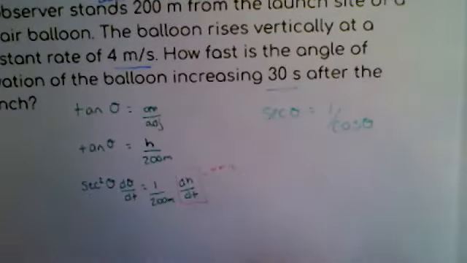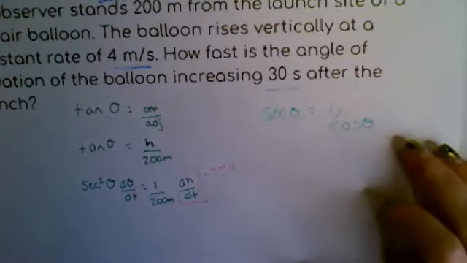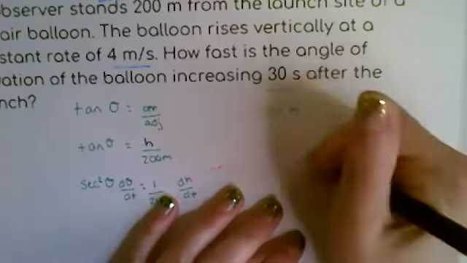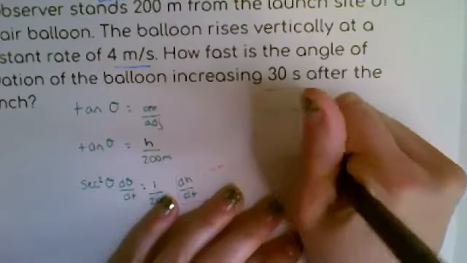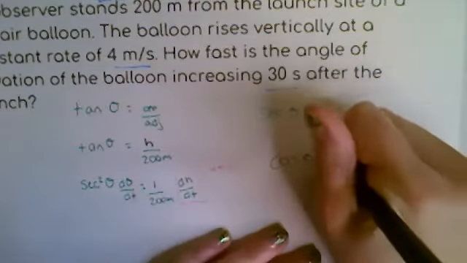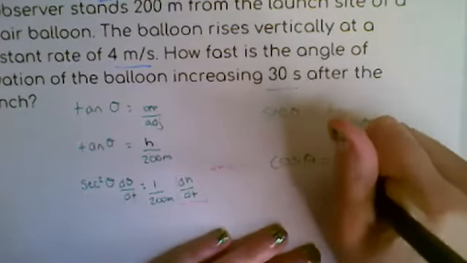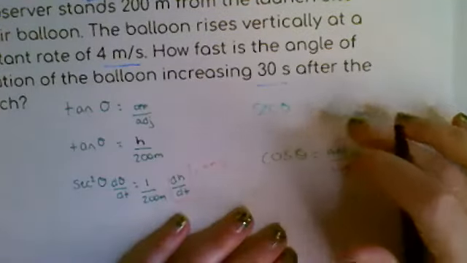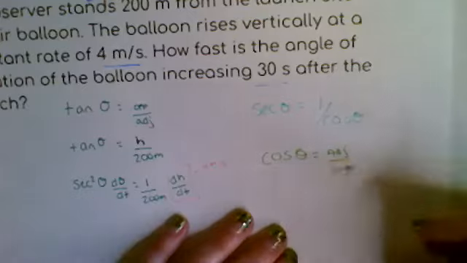Let me switch colors to something a little bit darker. Cosine of theta would be adjacent over hypotenuse, which means since secant is 1 over cosine, it's going to be the opposite of that.